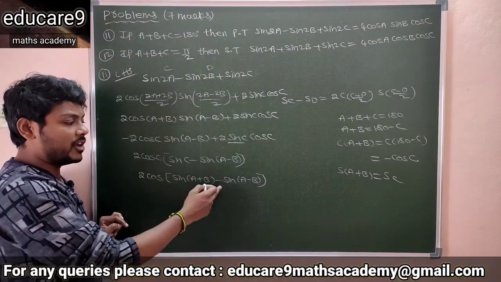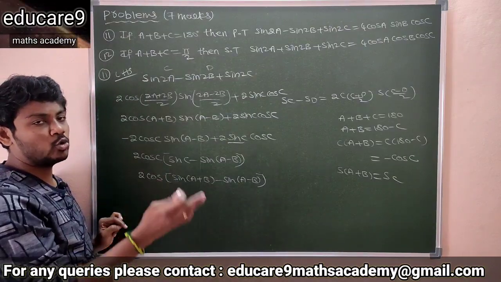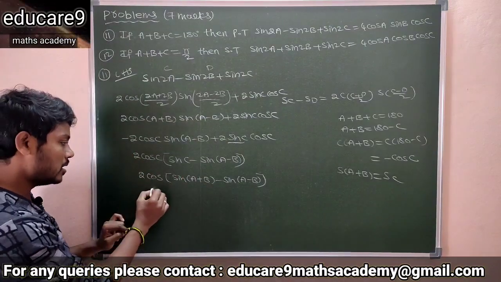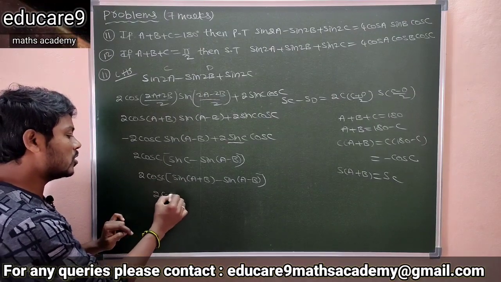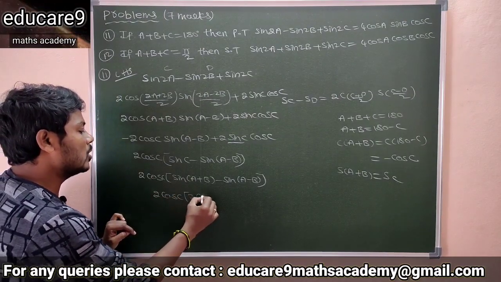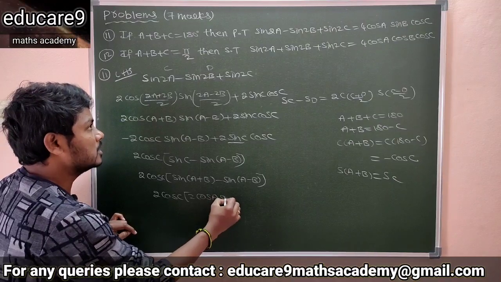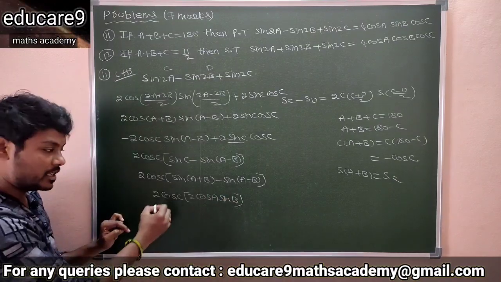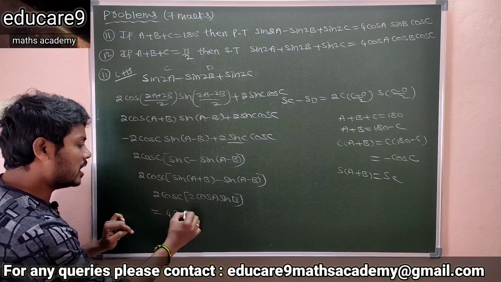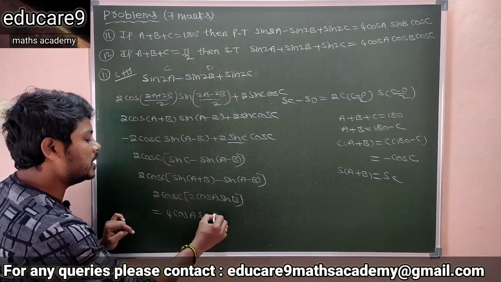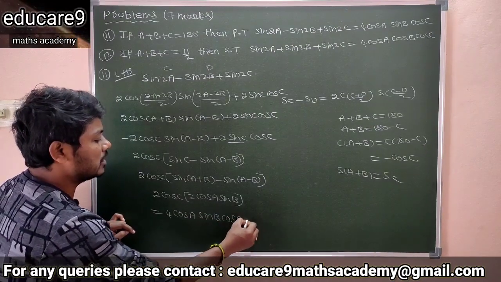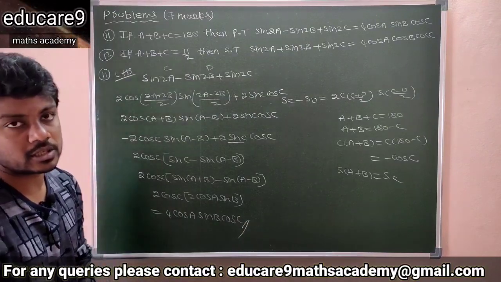You know that sin of (a plus b) minus sin of (a minus b) is 2 cos a sin b. So this is 2 cos c into 2 cos a sin b, which is 4 cos a sin b cos c. This is the required answer.